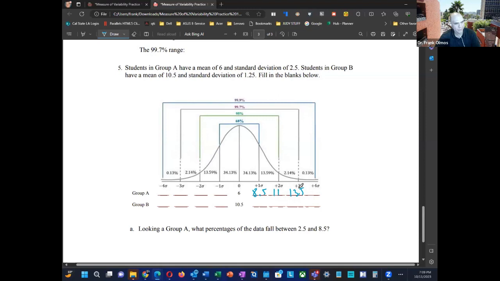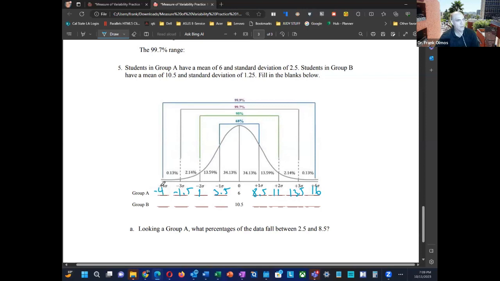Add another 2.5, it becomes 16. To get the bottom one, you subtract 2.5, which is the standard deviation. So you go 3.5, you subtract another 2.5, which is 1. You subtract another 2.5, negative 1.5. You subtract another 2.5, you get negative 4.